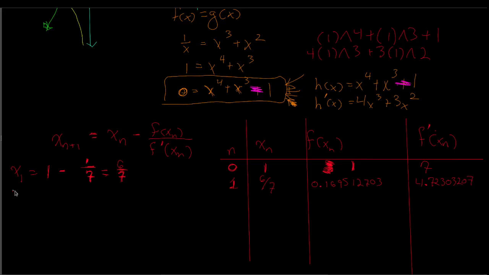So my x sub 2 then is going to be 6/7, I think my last fraction I'm ever going to see, minus 0.169512703 divided by 4.72303207.